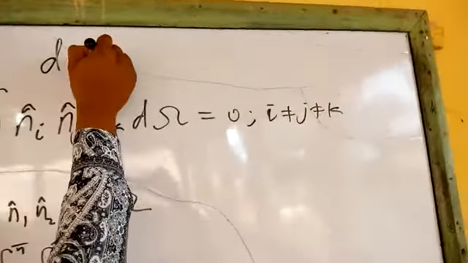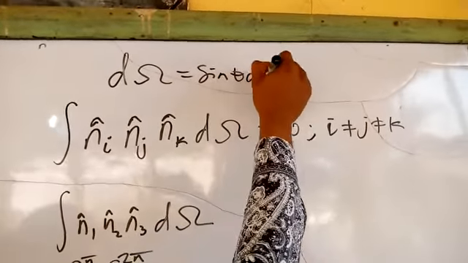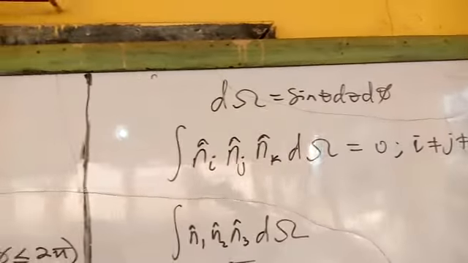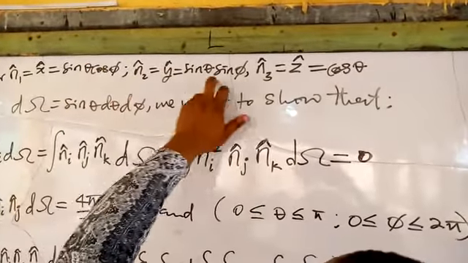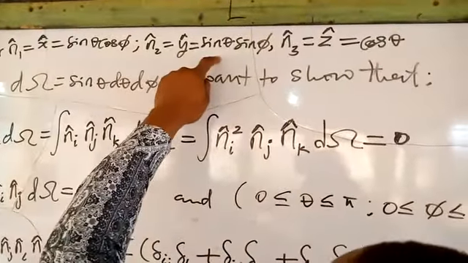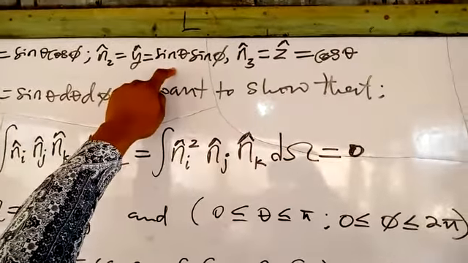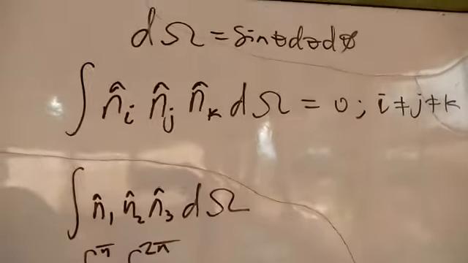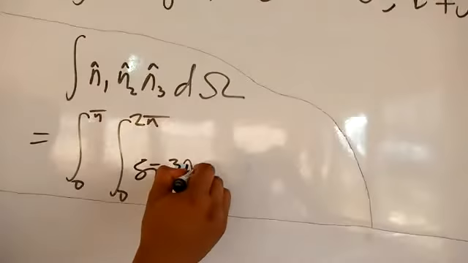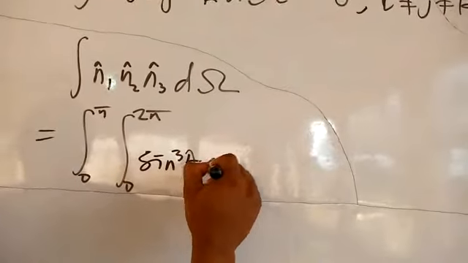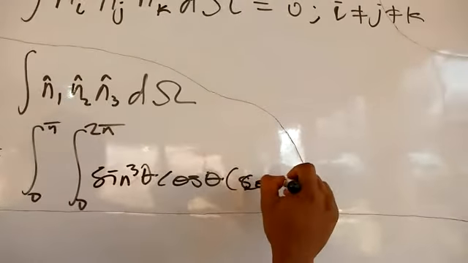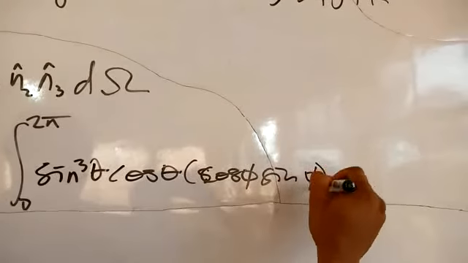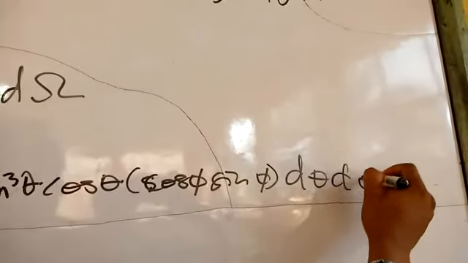Again, writing d omega to be equal to sine theta d theta d phi. You realize again that we have to multiply this, and this, all 3. So I'm going to have sine here times sine, which will be sine squared theta, but then again I'm going to have here sine cubed theta, and then I'm going to have a cos theta following it, and then of course I'll have a cos phi and a sine phi grouped together like that, d theta, d phi as usual.